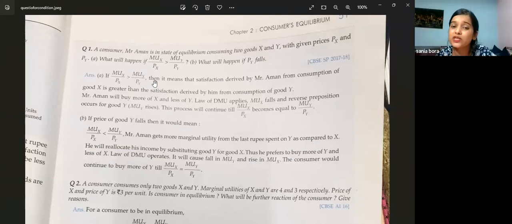So the first one is very simple. This means that the satisfaction derived by Mr. Aman from consumption of good X is greater. You have already written it, so you can use that only. And till what point he will do all this. But for this one, here you have to make your own. According to the question, if the price of good Y falls, then this will be the situation. So now Mr. Aman is getting more satisfaction from good Y, so he will consume more.